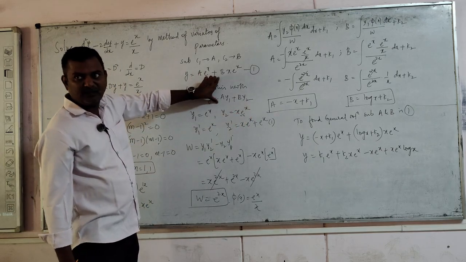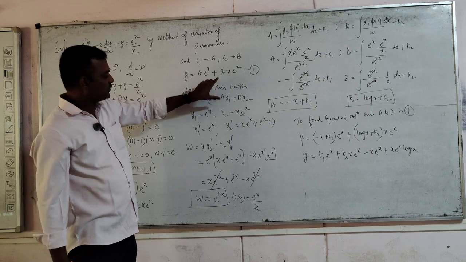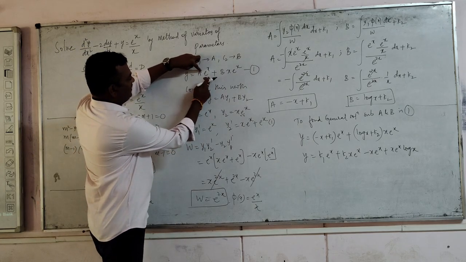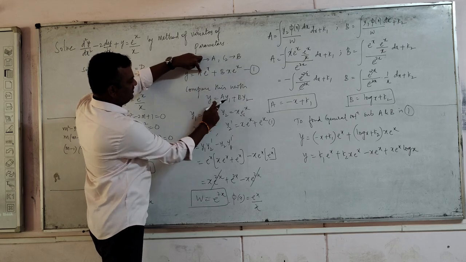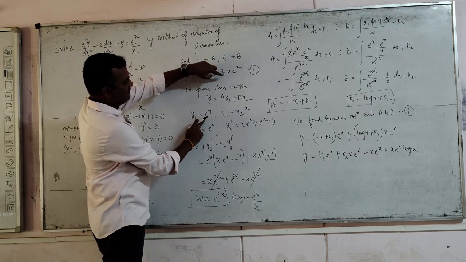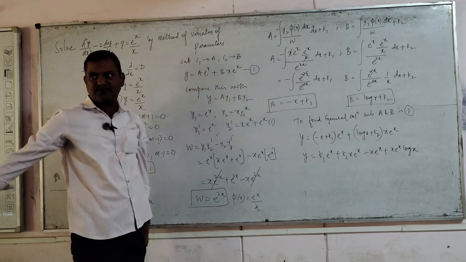The coefficient of A is y1, therefore y1 is equal to e raised to x. Here you will get y2 equal to x e raised to x.